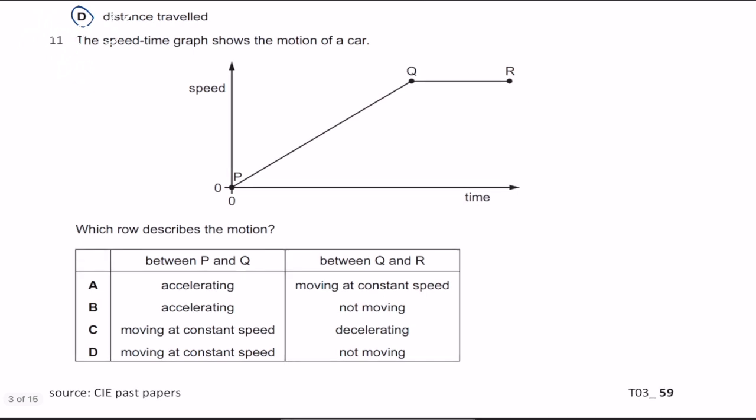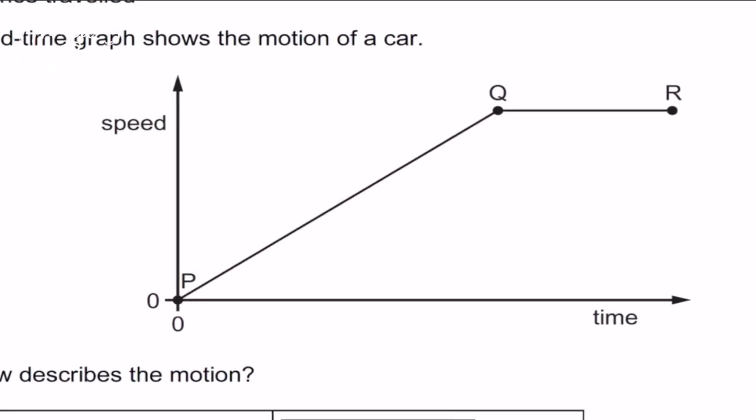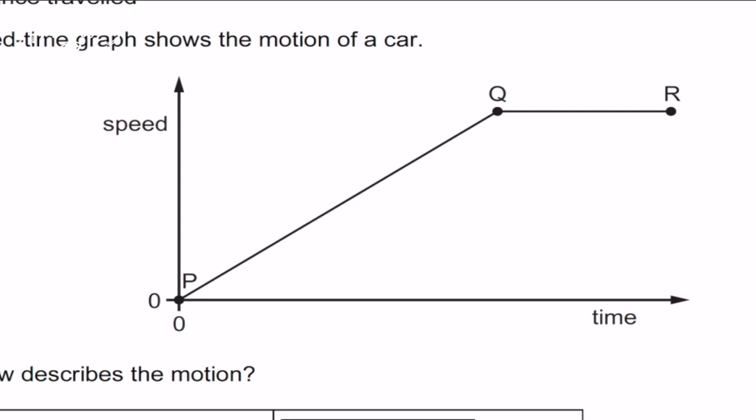The speed time graph shows the motion of a car. Which row describes the motion? I can describe it before you read the answer to avoid any confusion. So I could say in the first stage from P to Q, as I could see here in this part, the speed is increasing with a constant rate. So the car is accelerating uniformly, and then the speed becomes constant.